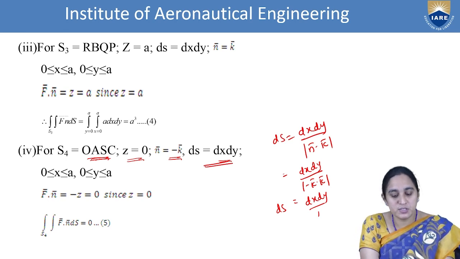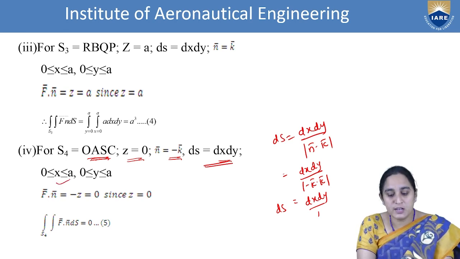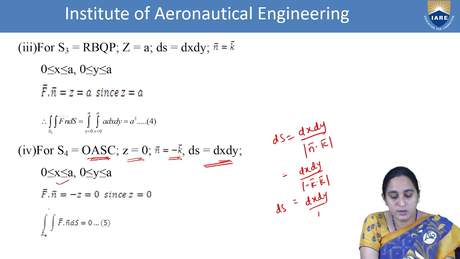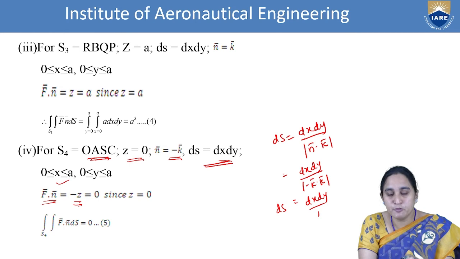Here the x limit points are 0 to a and the y limit points are 0 to a. Therefore f bar dot n bar: again a dot product with n bar, which is equal to minus k bar. Multiplying both, directly we get minus z. But from the fourth phase, what is the z value? z is equal to 0.